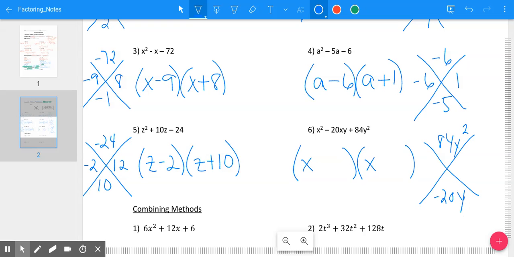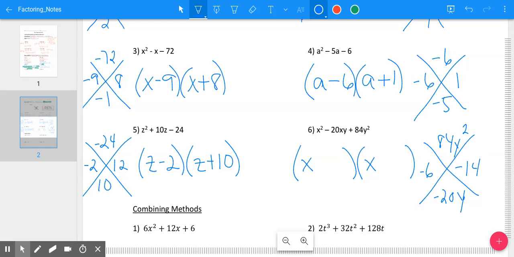And then we still need to think what two numbers multiply to 84 but add to negative 20. And in this case, we're thinking negative 14 and negative 6. So numerically, we can still do the X games the way that we have in the past.